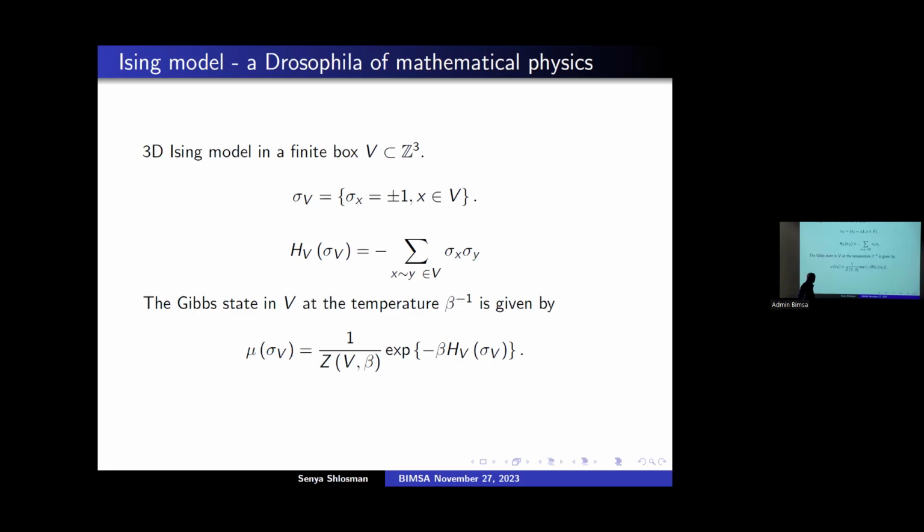Then we make this array of numbers into a probability distribution by normalizing by this factor Z, which is called the partition function. X with Y means that X and Y are nearest neighbors on the lattice, right? Okay, so that's it. That's the definition of the main object of the Ising model.